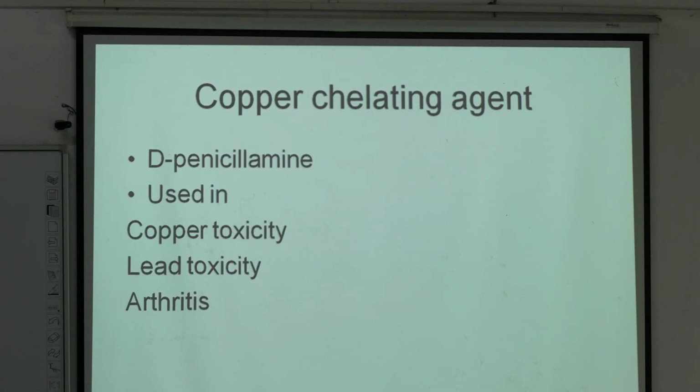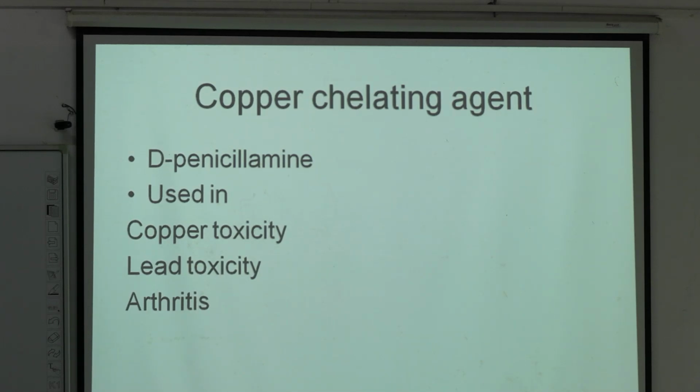The most preferred ion for D-penicillamine is copper. The next preferred ion is iron, then lead, cobalt, all heavy metals. So in case of heavy metal poisoning you can give D-penicillamine, but not in case of arsenic.